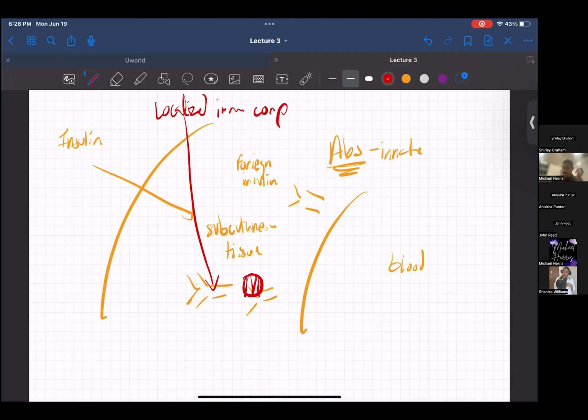So what do you think symptom-wise you would present with? If you formed localized immune complexes, what do you think symptom-wise you would present with?